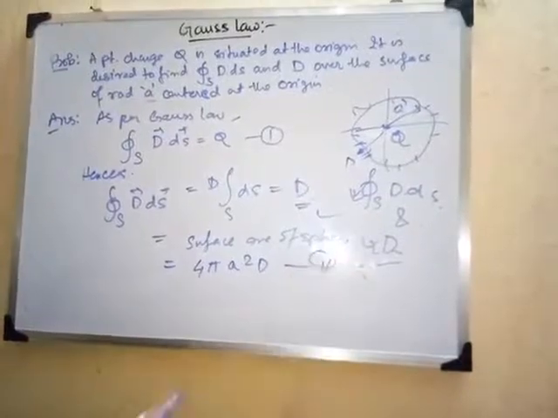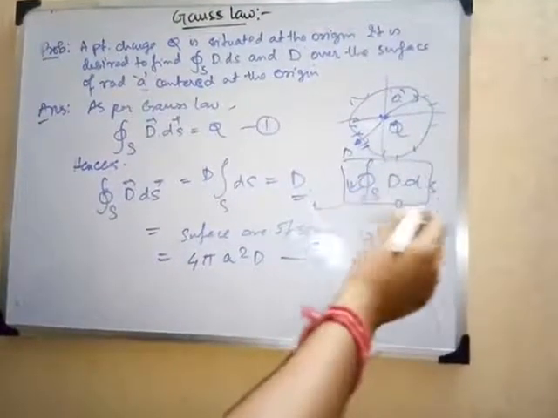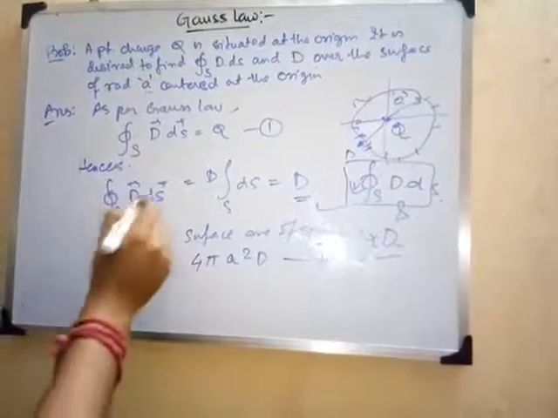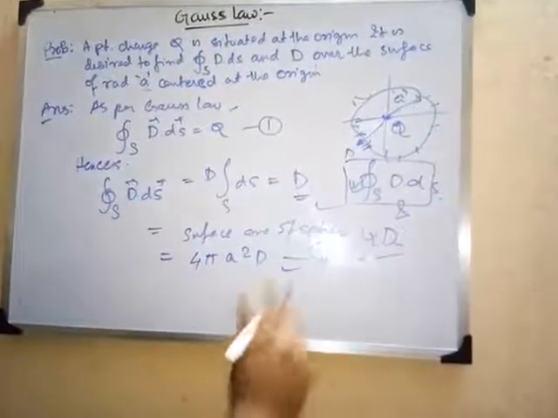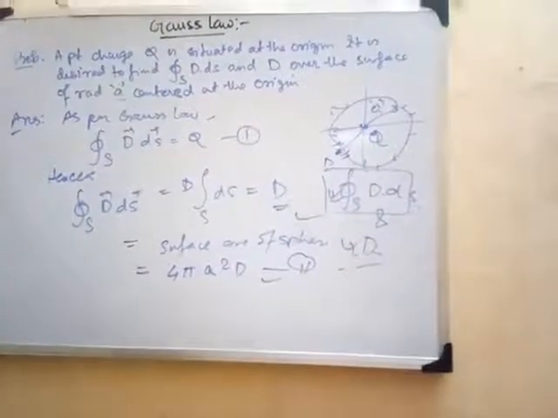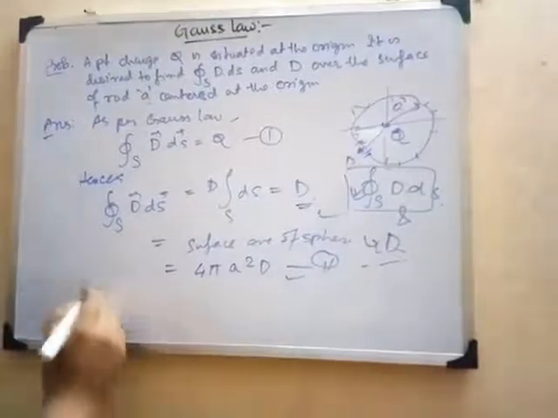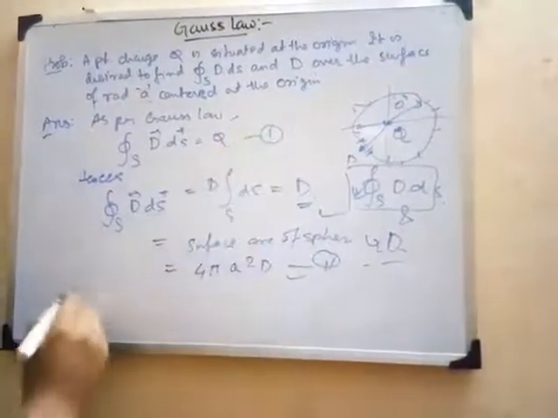So this is our expression 2, right? Our first job was to find the closed surface integral of D·dS, and the closed surface integral of D·dS is this. So answer 1 we have obtained. Now to evaluate D, we simply equate equations 1 and 2.